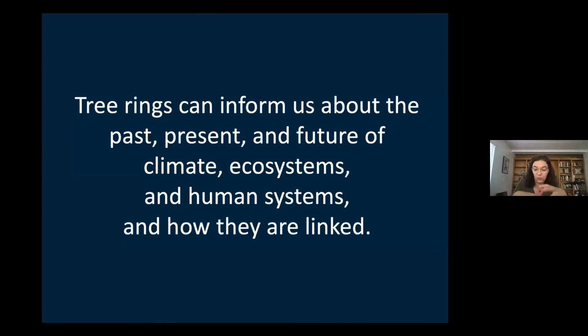I didn't talk at all about dendroarchaeology, but tree-rings are also used to date buildings, musical instruments, and so forth. So our discipline is really at the nexus of these three really important fields, especially moving forward. The link between these three parts of the Earth system is going to be very important.